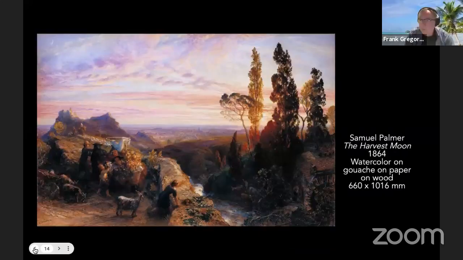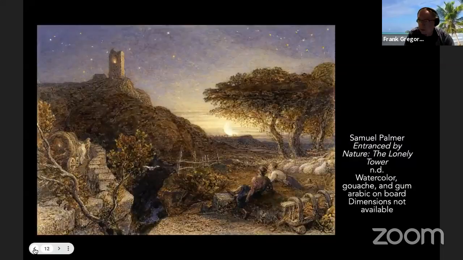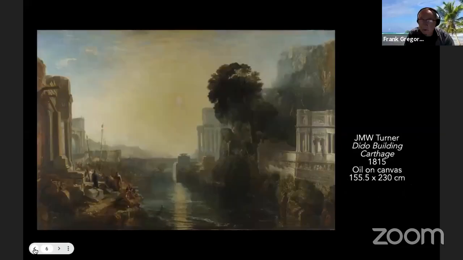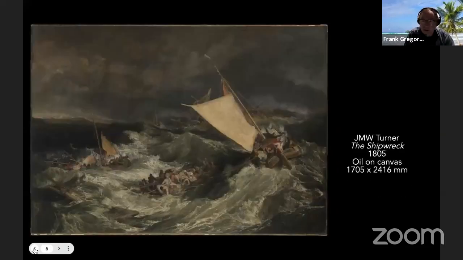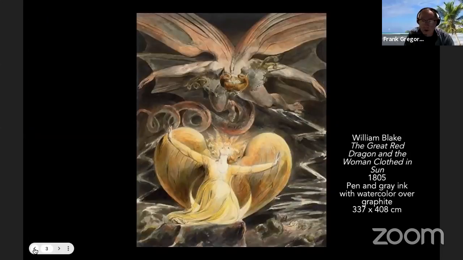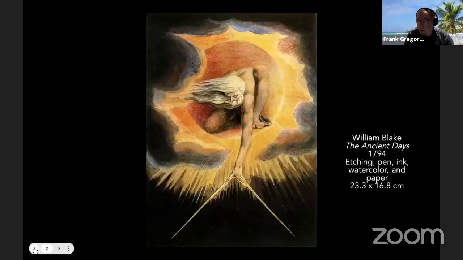Sure. Later on in the early 19th century in France, Girodet, among others, do a series of paintings on the Ossian myths, which were portrayed as pre-Homeric, and I think were originally passed off as authentic pre-Homeric myths.